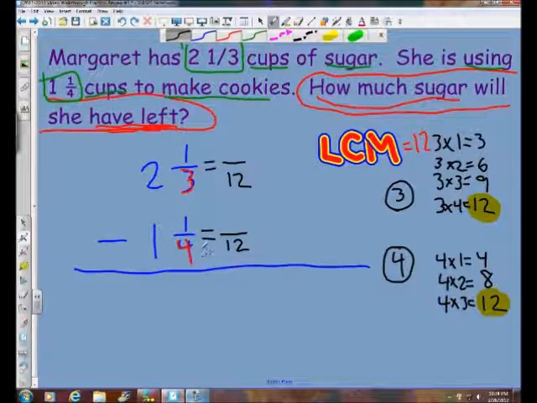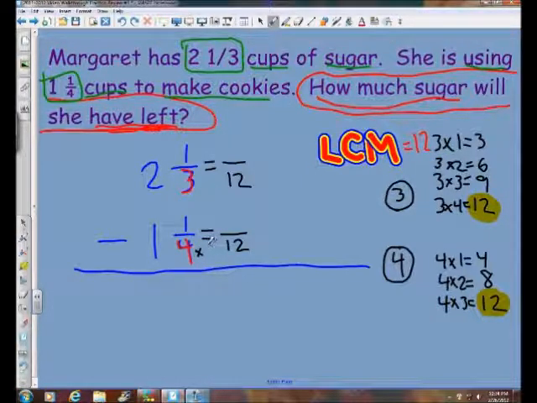So how can we convert fourths into 12s? Well, you think to yourself, 4 times what equals 12? Hopefully you're thinking 3. There we go. Because 4 times 3 equals 12. What you do to the denominator, you have to do to the numerator. So numerator times 3 would be 1 times 3, 3.